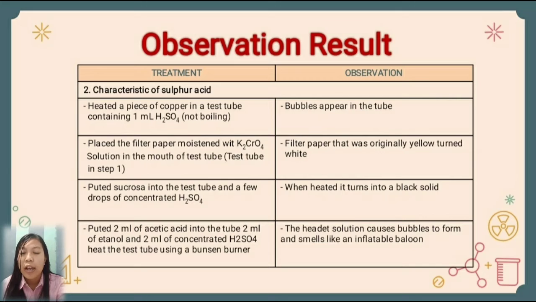Four: put 2 ml of acetic acid, 2 ml of ethanol, and 2 ml of concentrated H2SO4 in the tube. Heat the test tube using a Bunsen burner. Observation: the heated solution causes bubbles to form and smells like an inflatable balloon.